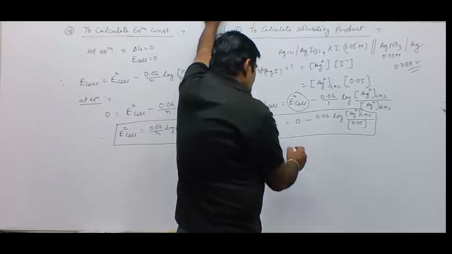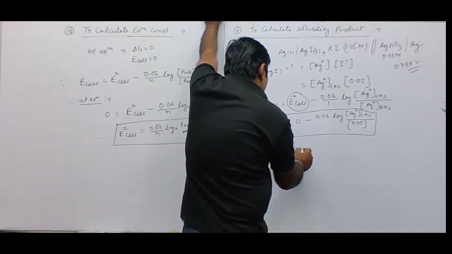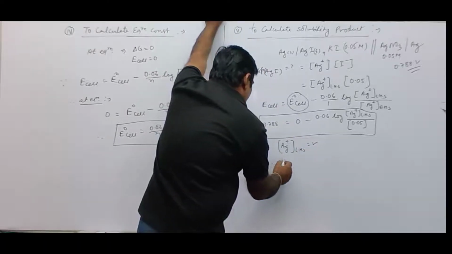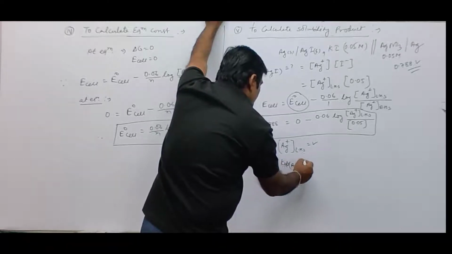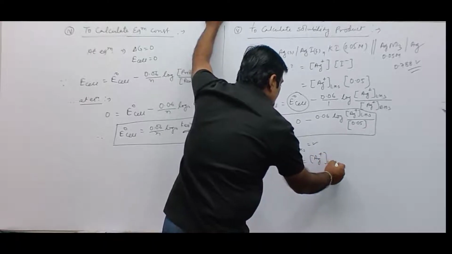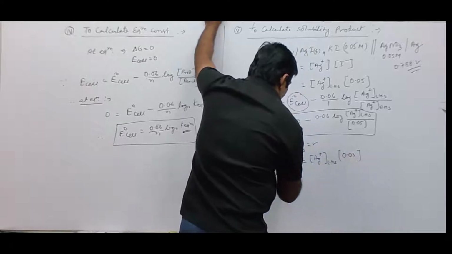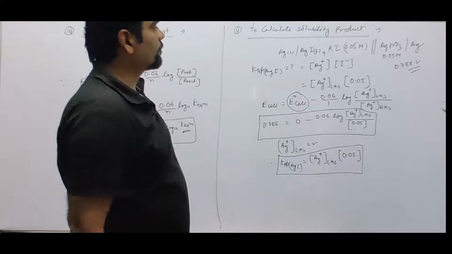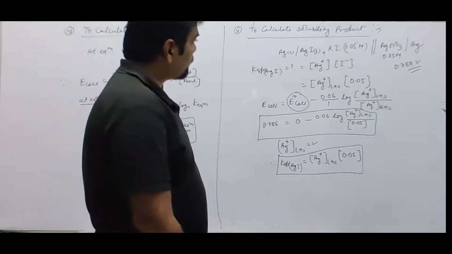Therefore, Ksp of AgI can be calculated simply by using Ag plus of LHS into 0.05.